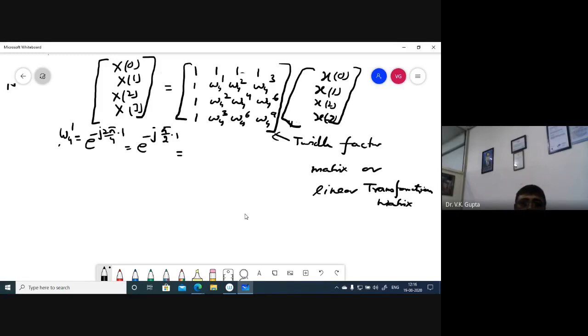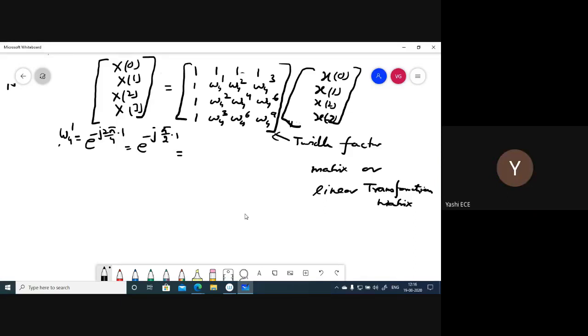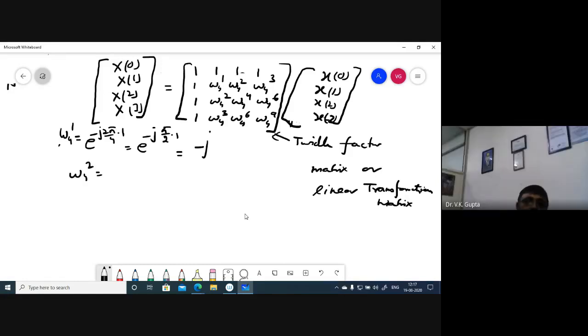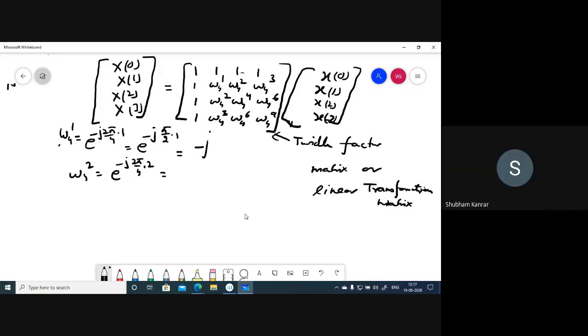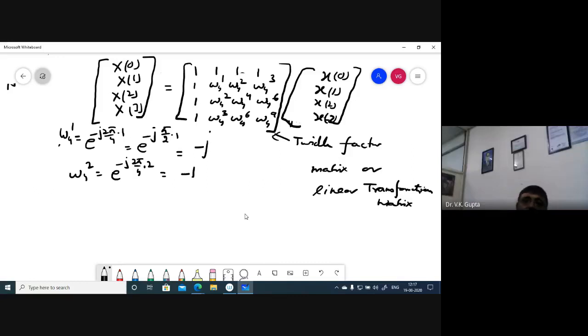Cos pi by 2 is 0, sin pi by 2 is 1, so this is minus j. Then W42 is e to the power minus j 2 pi by 4 into 2, which is e to the power minus j pi. Cos pi minus j sin pi. Cos pi is minus 1, sin pi is 0, so W42 is minus 1.